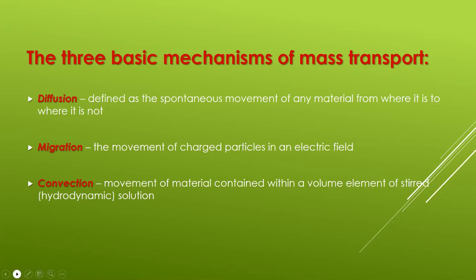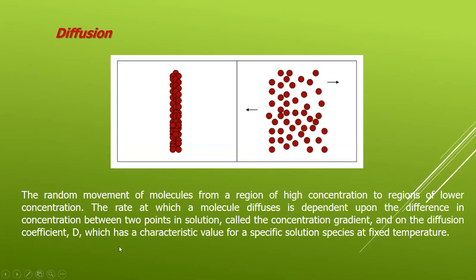convective mass transfer. Now, when we speak of diffusion, we have a random movement of molecules from a region of high concentration to a region of lower concentration. The rate at which a molecule diffuses is dependent upon the difference in concentration between the two points in the solution, which we call the concentration gradient.